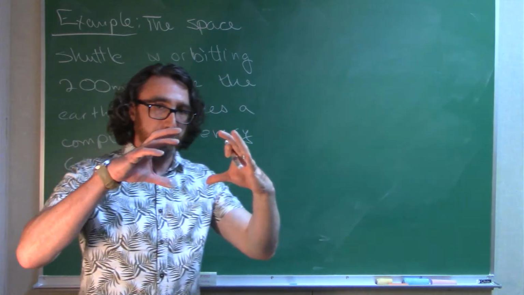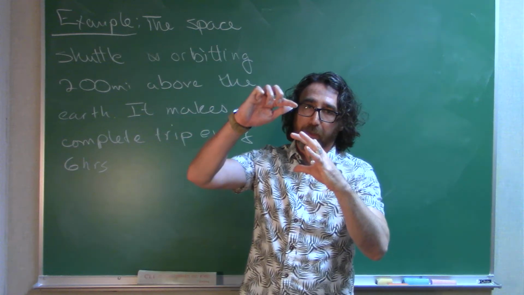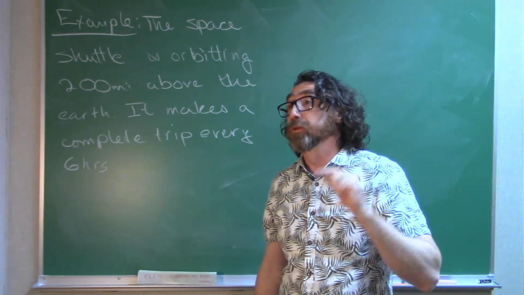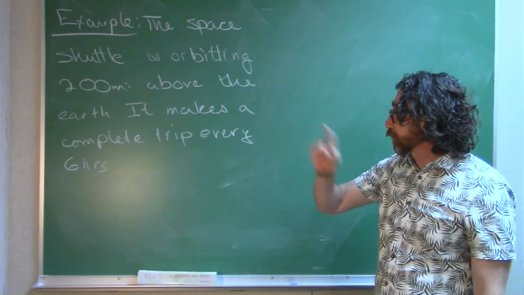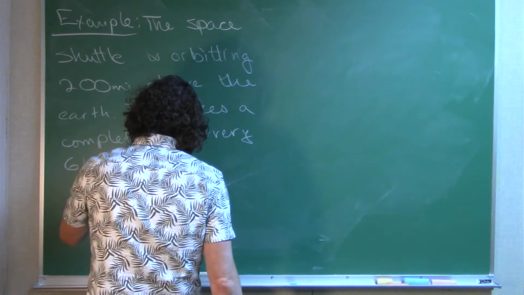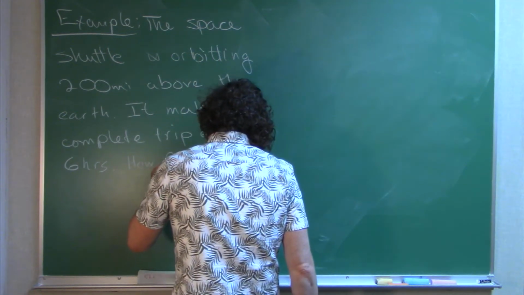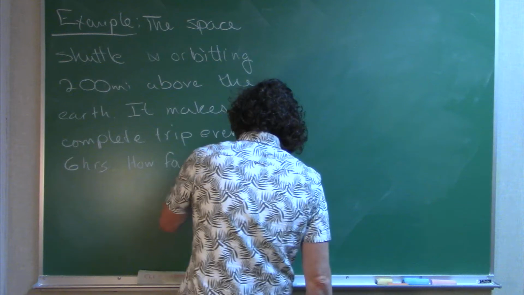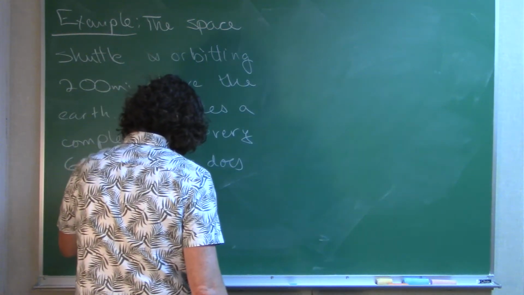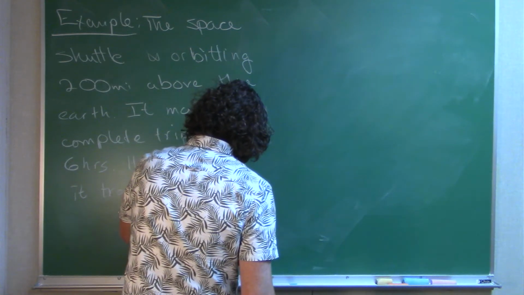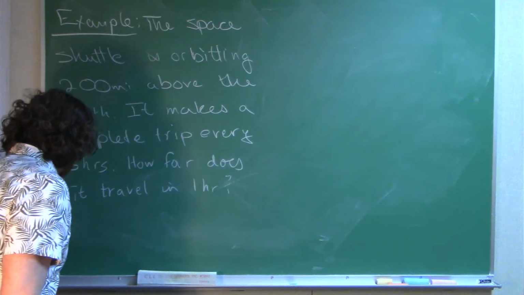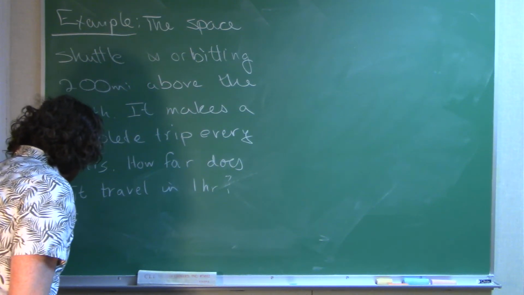Okay, so we're imagining we've got the Earth there, the space shuttle is above the Earth, orbiting the Earth. Of course, orbiting means we're going around, right? So a complete trip around takes 6 hours. How far does it travel in 1 hour?